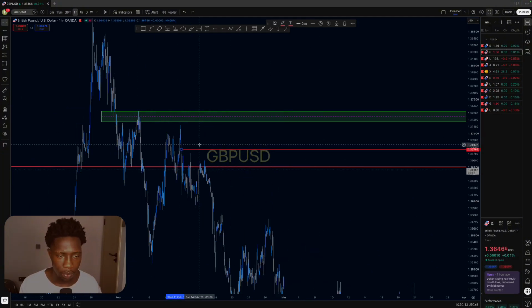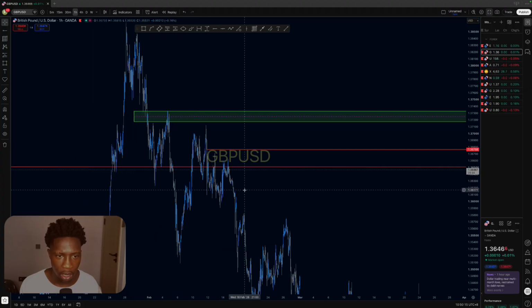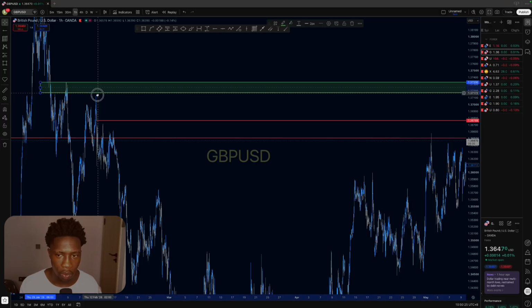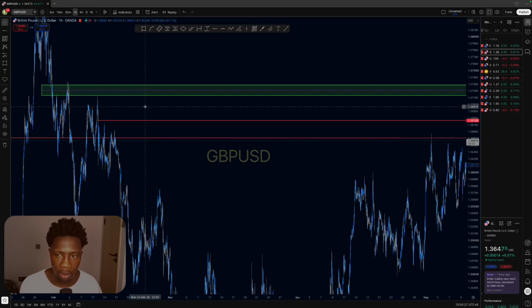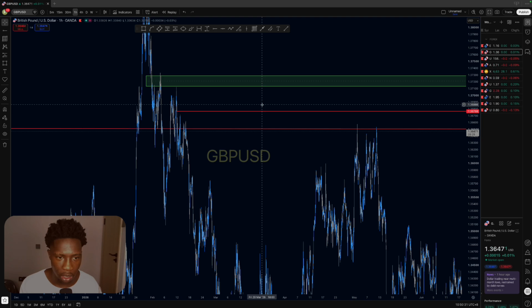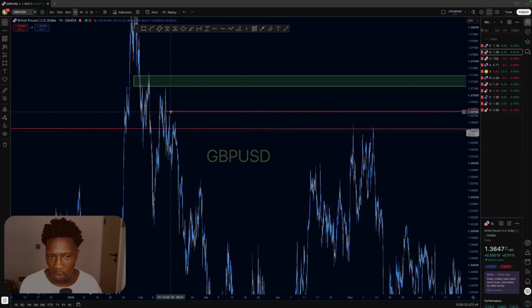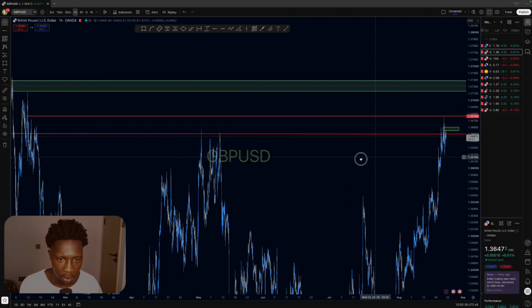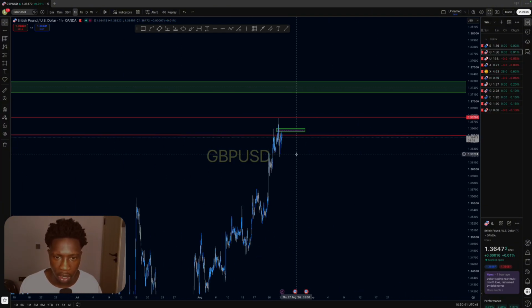This is the far area, but it has already been retested by this movement. This is the supply level that I was saying. Now the market has gone to reach the second supply level, which is the stronger supply level that I can see.